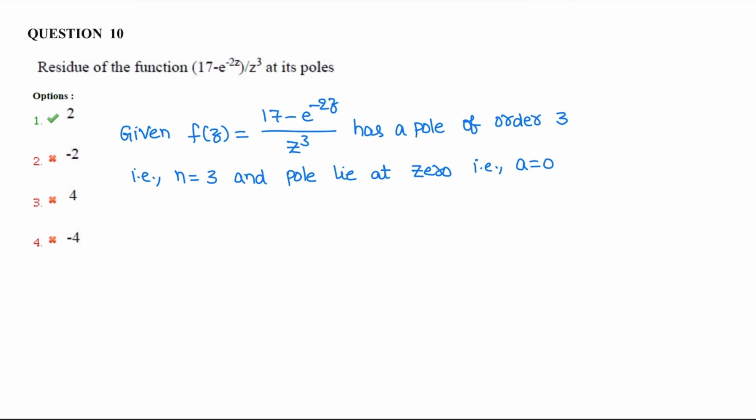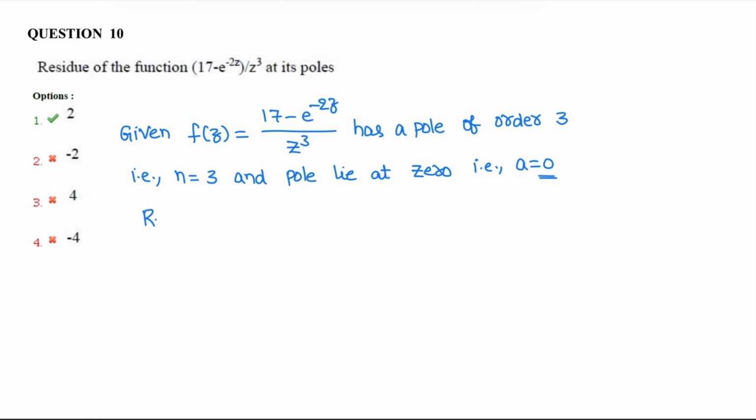Using this formula, the given function f of z, (17 minus e power minus 2z) by z cube, has a pole of order 3 and the pole lies at 0. Therefore a value is 0.